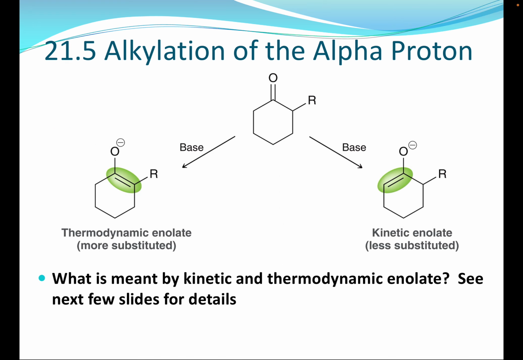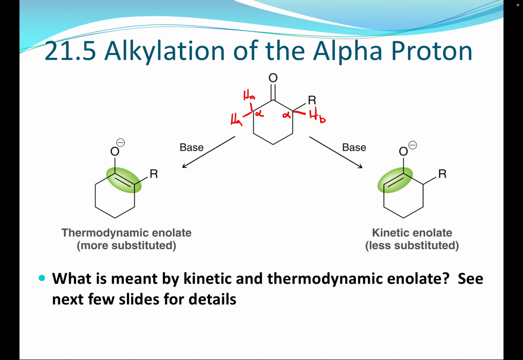So I was just highlighting on our last slide where our two alpha positions are. We had called this HB, and then these two we had referenced as HA. So if we pull off the HB, we create the product on the left, which is labeled the thermodynamic enolate.